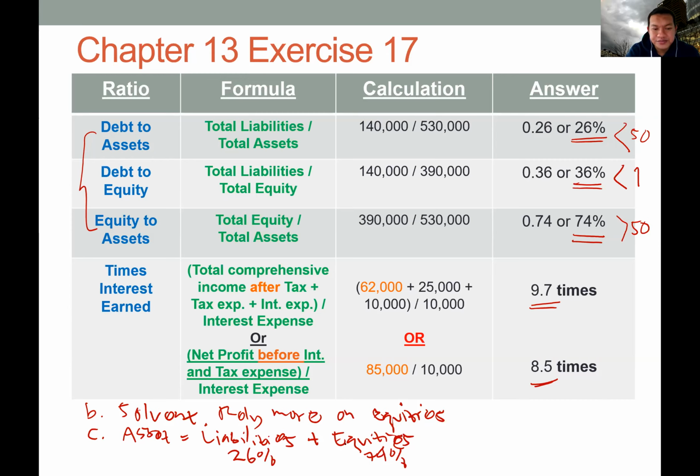Debt to asset shows the portion of liability financing in financing the company's operations, and equity to asset shows the portion of equity financing in financing the company's assets.